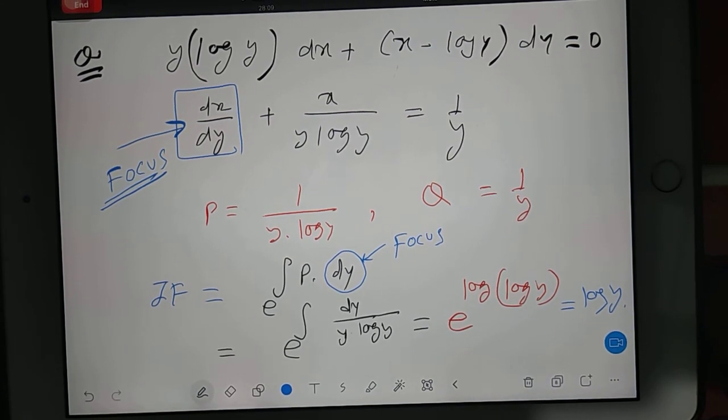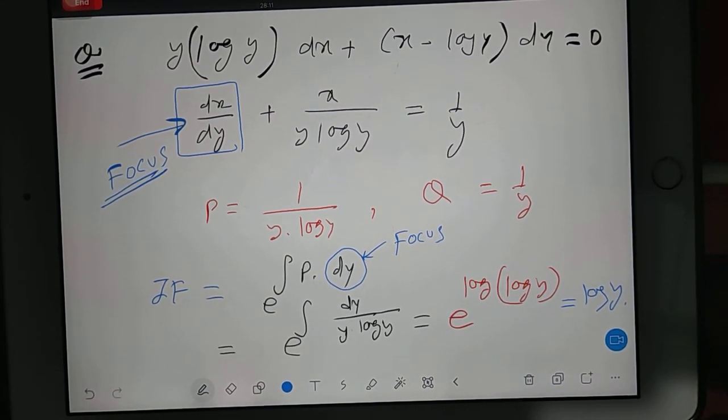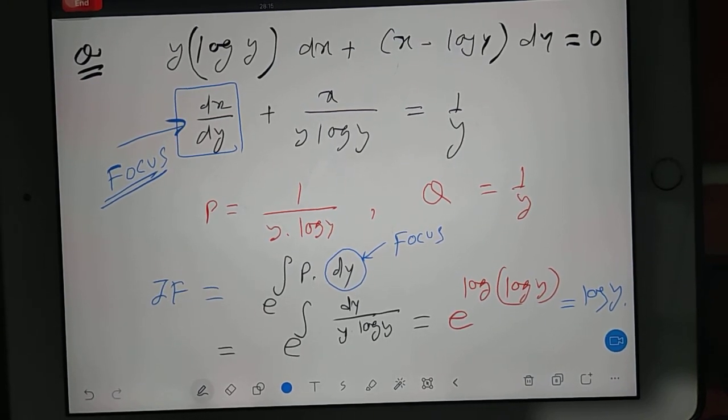Okay. Now look at my screen and tell me which part is uncomfortable for you. Scribble on my screen if any part is uncomfortable.